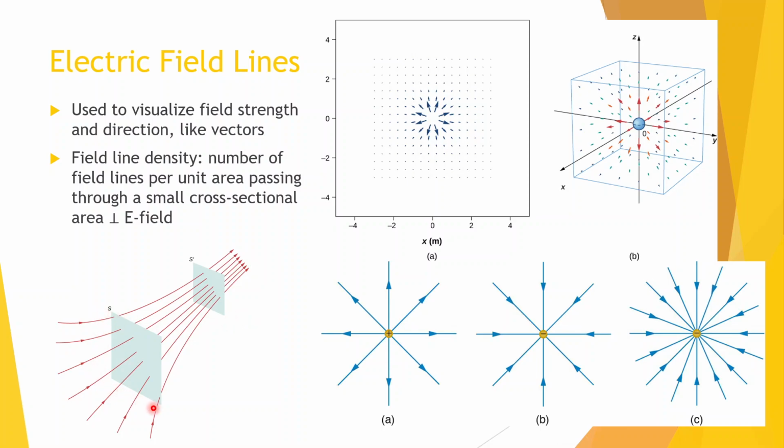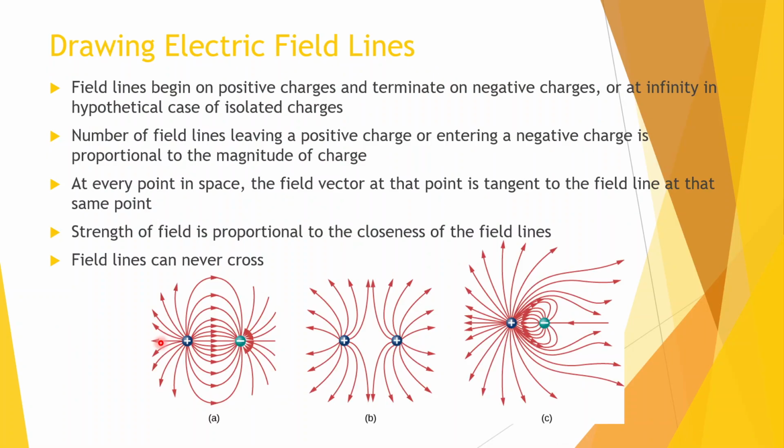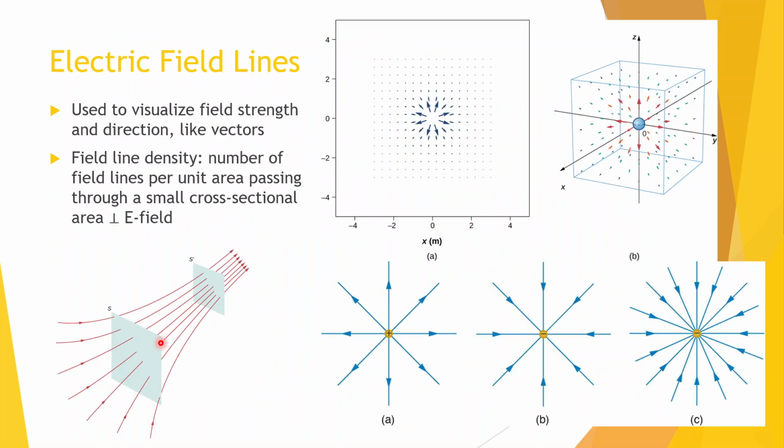Just looking with our eye, we can kind of tell that this isn't as dense of a field here, right? The lines aren't as close together, they're further apart. Versus here, they look like they're much closer together. So this is also B here versus C. These have a lot more closer together, and this one are more spread out. But this is, of course, due to the field strength, okay?